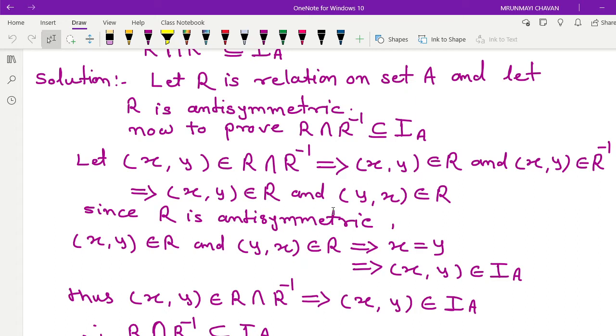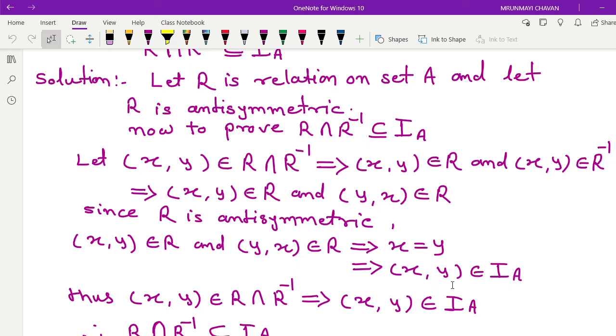Now since R is antisymmetric, we can say that if xy belongs to R and yx belongs to R, implies that x is equal to y. If x is equal to y, that means pair xy belongs to identity relation IA, because xx belongs to IA, yy belongs to IA.